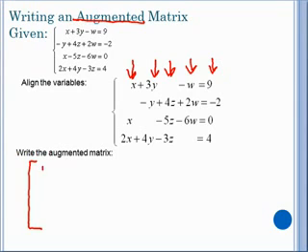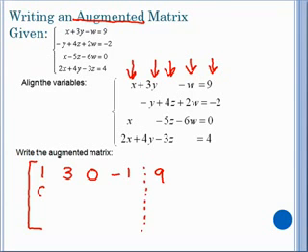I'm just going to pull the coefficients off of all of our variables. So for the first row, we've got 1x, 3y. And just like when we were doing synthetic division, we have to put in placeholders. So there are 0 z's, minus 1w. And now I put this dotted line here to indicate that I'm done with coefficients of variables, and what's on the right-hand side is the constant.